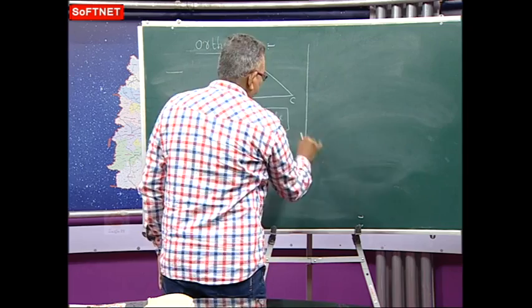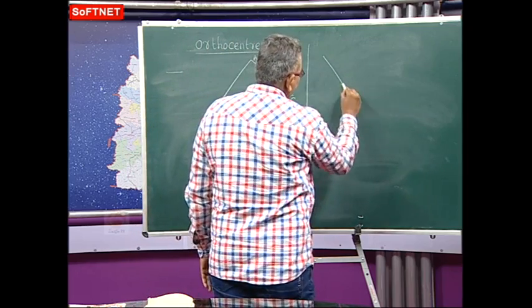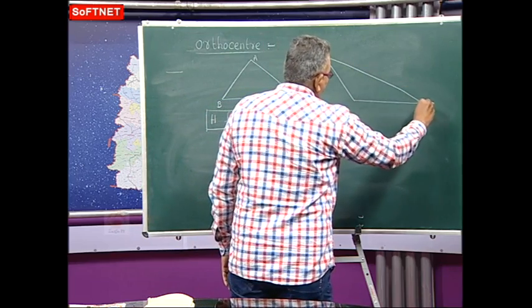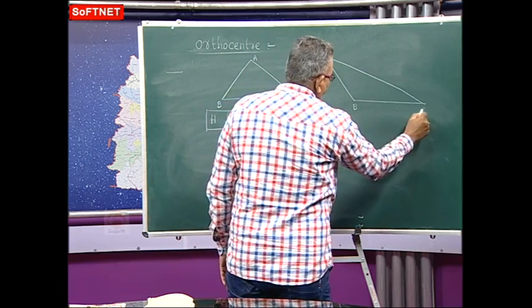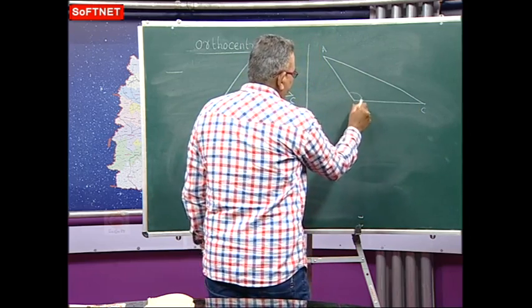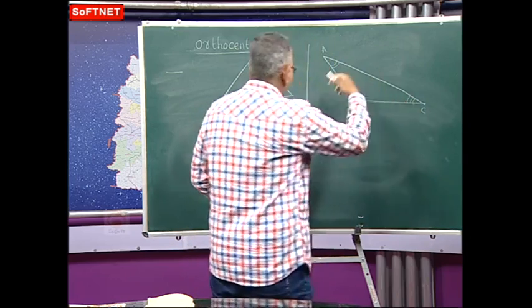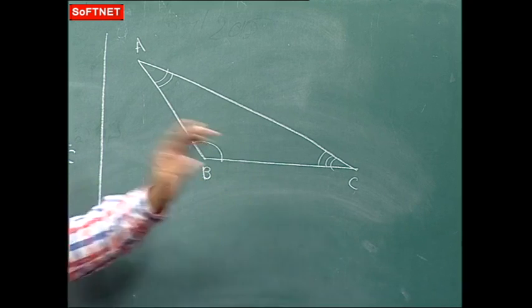Suppose you consider another triangle, say ABC. So this angle. What kind of triangle is this? Yes, it is an obtuse angled triangle.